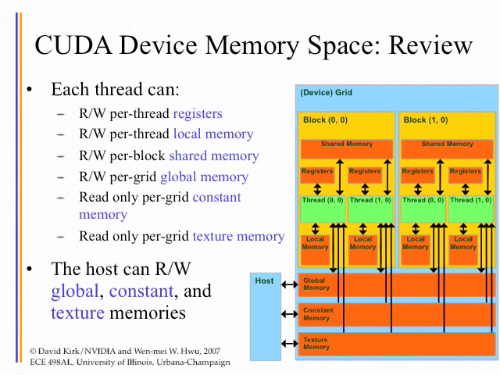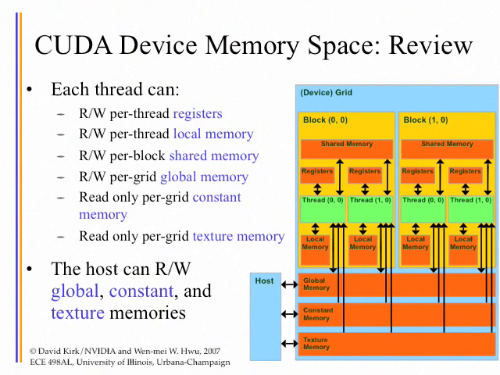And it's read-only per grid texture memory. So this texture memory actually has some interesting characteristics. And hopefully we'll have time to talk about it, but I'll try not to talk about it in detail in those 10 lectures where we're going to equip you with all the high-performance programming skills.